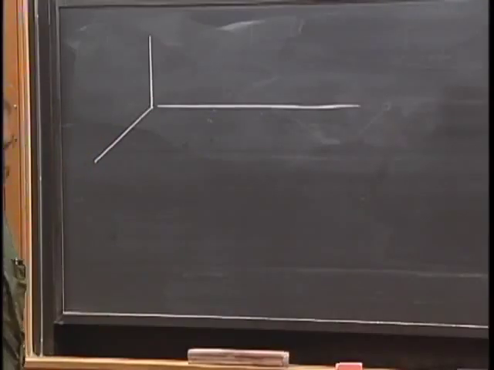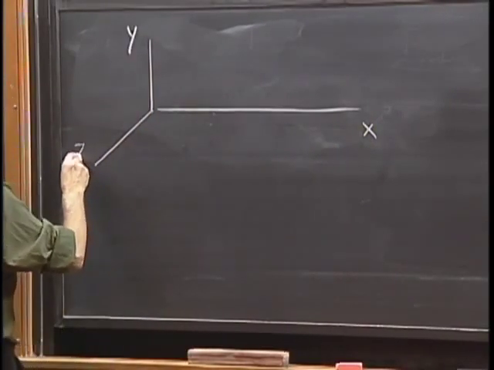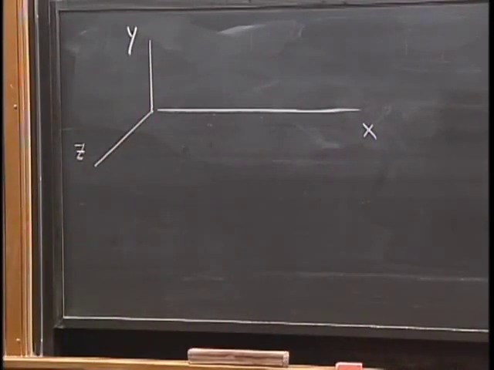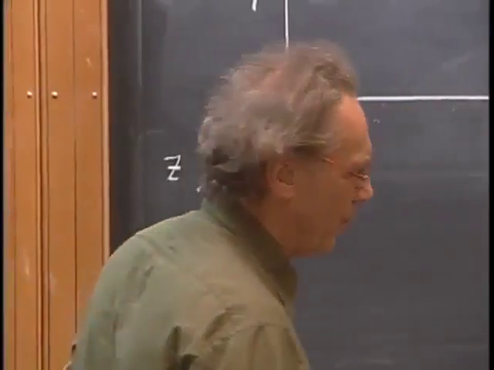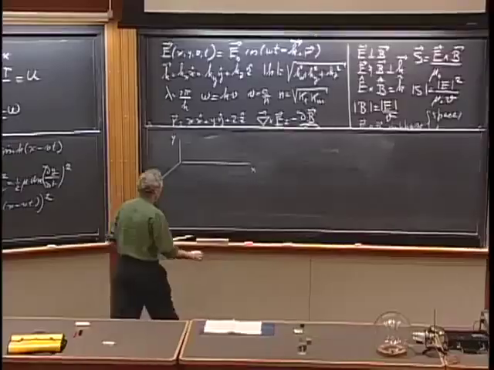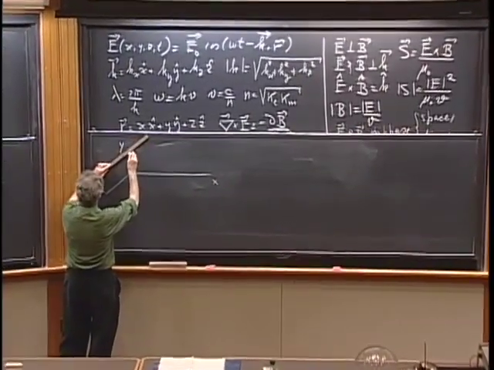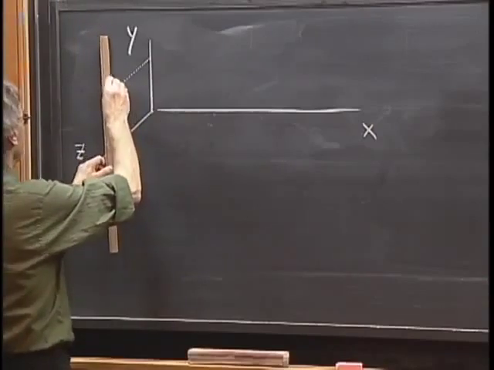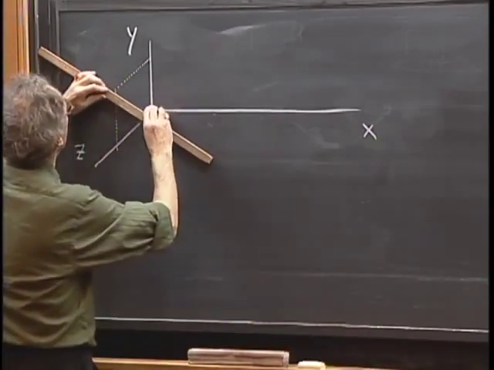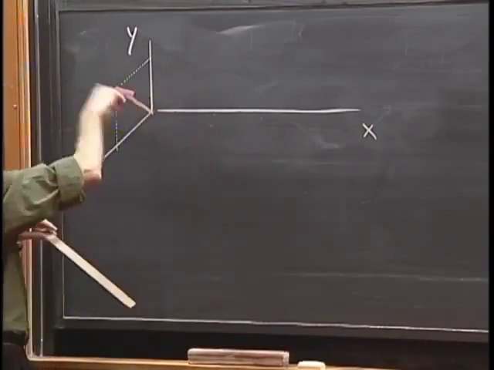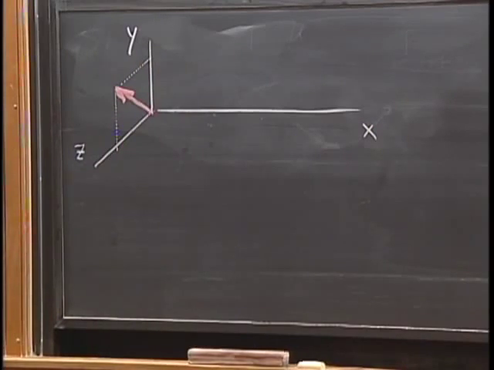I will call this X, call this Y, and call this Z. Suppose we have linearly polarized radiation, but I'll make it a little bit more difficult than normal. I will linearly polarize it in the YZ plane. In other words, the E vector would be like this then, oscillating back and forth in this plane perpendicular to k.